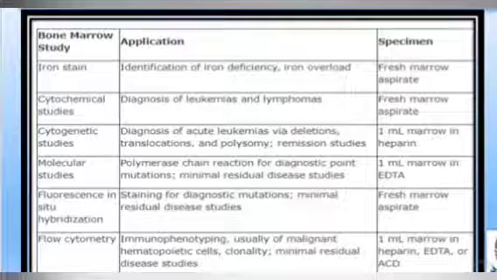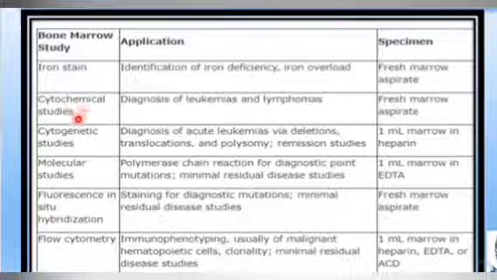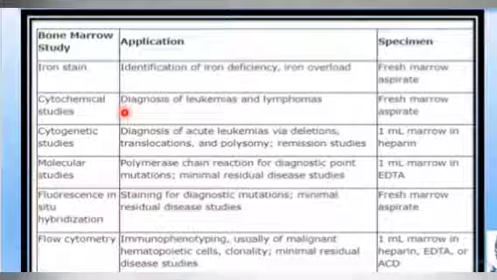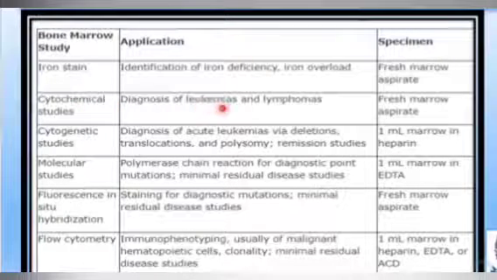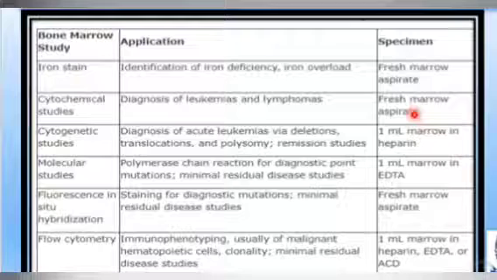So what is the importance of these special stains? Like iron stain, it identifies iron deficiency or iron overload, and the specimen needed is a fresh marrow aspirate. Then cytochemical studies are usually used for diagnosis of leukemias and lymphoma, and the same fresh marrow is required for it.